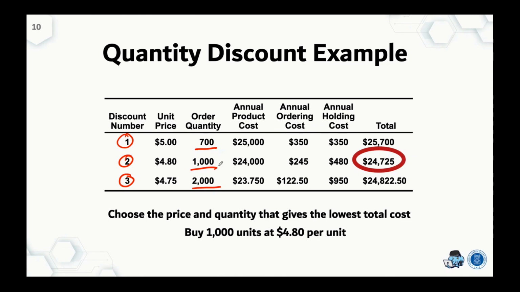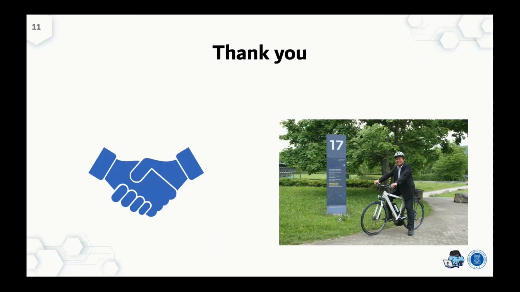So we should use discount number 2, which means that we should order a size of 1000, and we get the price of 4.8 per unit. So that is all about the quantity discount.